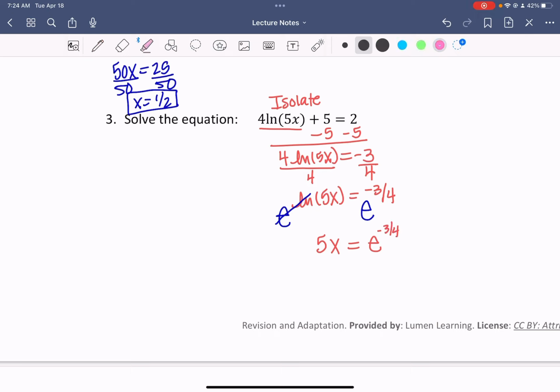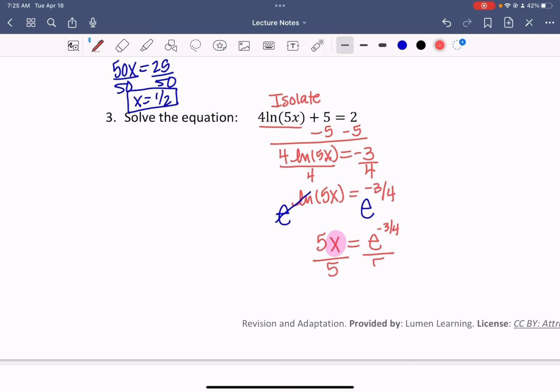And my goal is to get this x by itself, so I'm going to divide both sides by 5. Now with this one, that's just a button in your calculator, e to the negative 3/4. So using your on-screen calculator, e to the negative 3/4, divide that answer by 5, and that gives me a value of 0.4234.